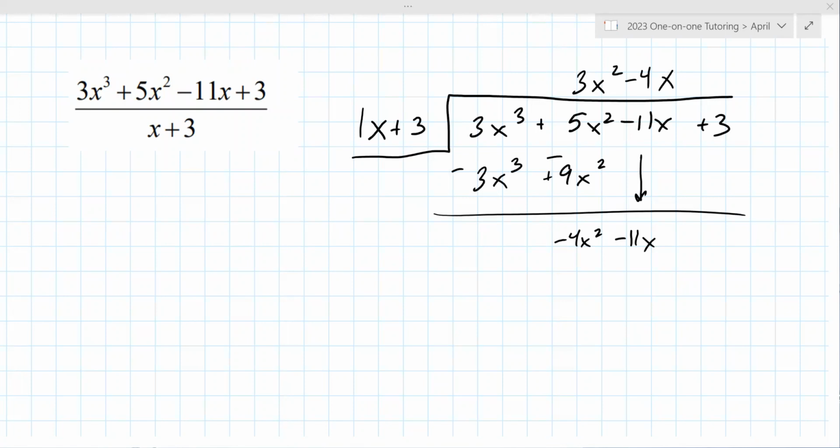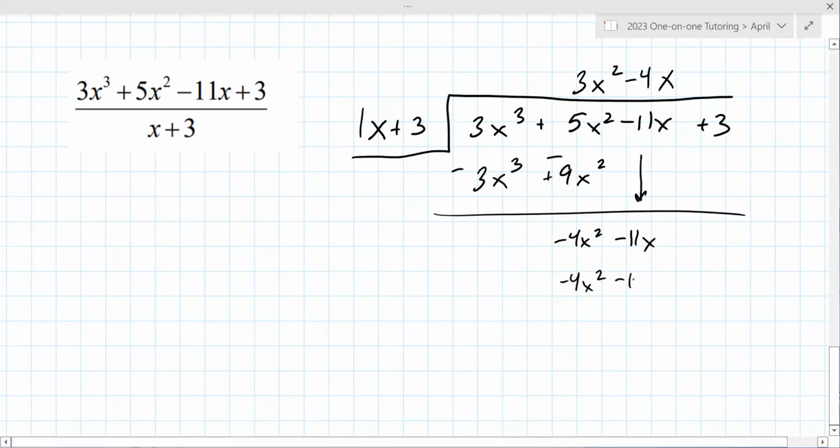And then let's see, times 3. So that would be 12x, but would I make it positive? Yes, change the signs. So positive 12x.